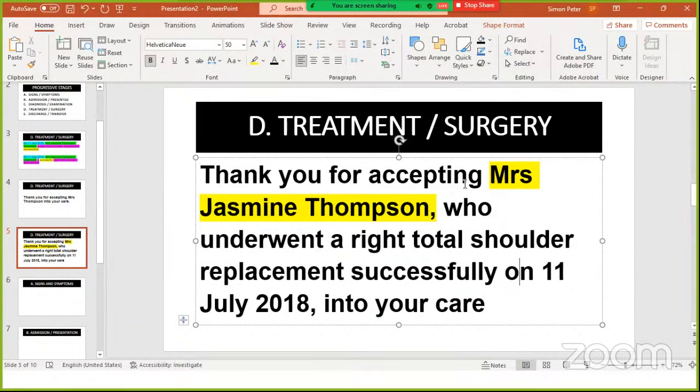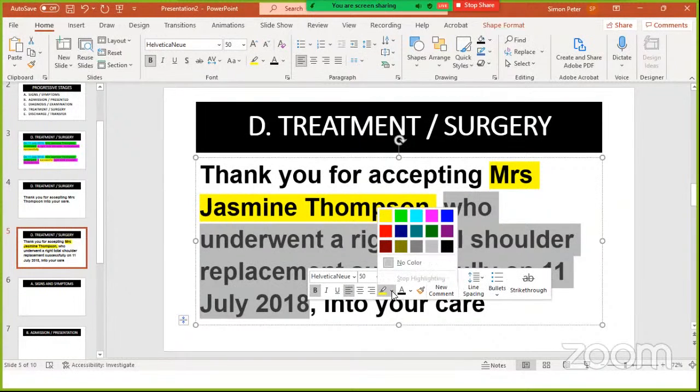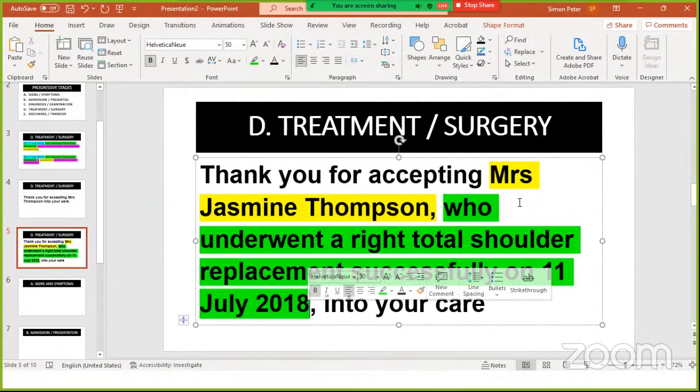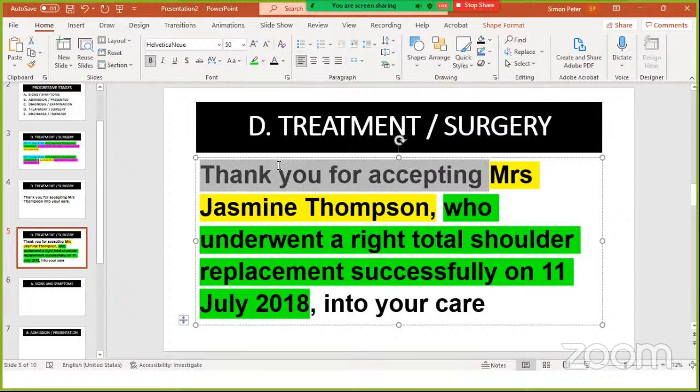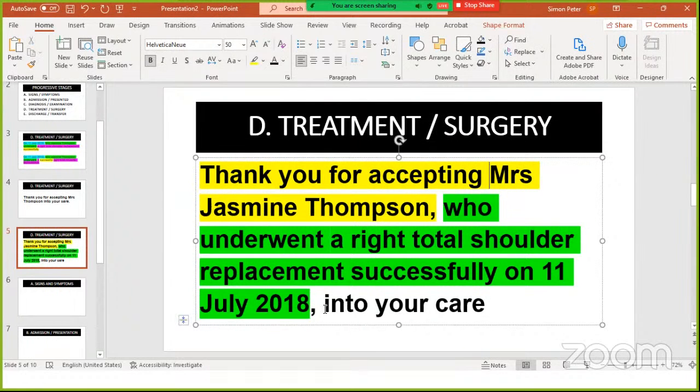Thank you for accepting Mrs. Jasmine Thompson. So this sentence is here. This is another sentence in between a sentence. You have to understand. So this yellow is one sentence, and green is another sentence. Remember that.